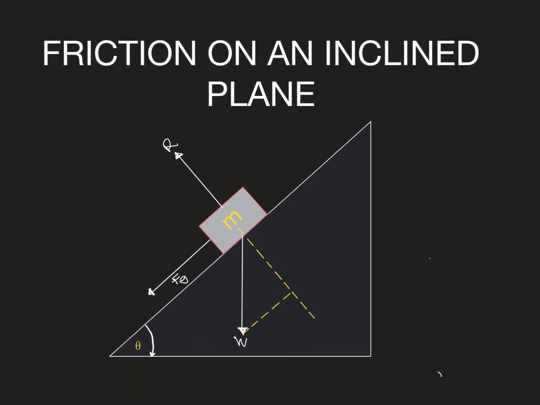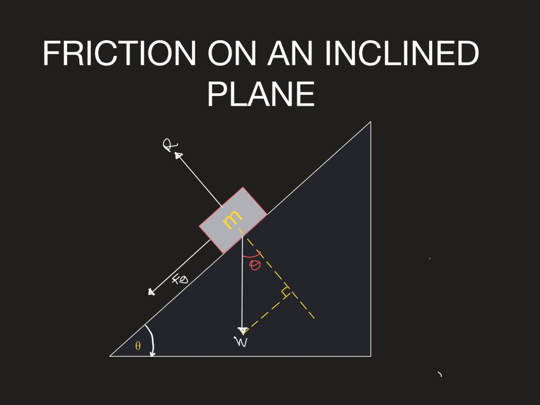Now looking at this, we have an angle here that is 90 degrees. We know that this angle theta here is going to be equal to this angle here. Okay, simple mathematics can give us that.